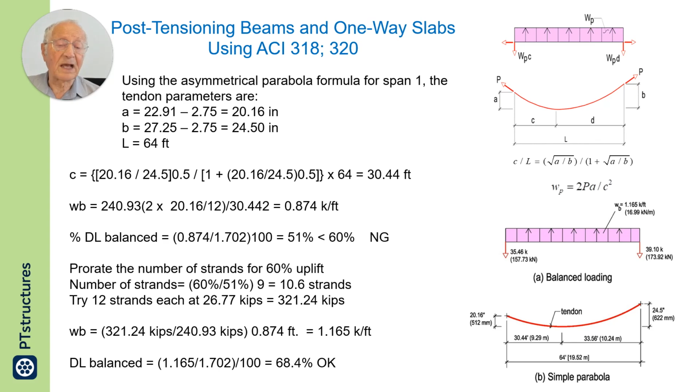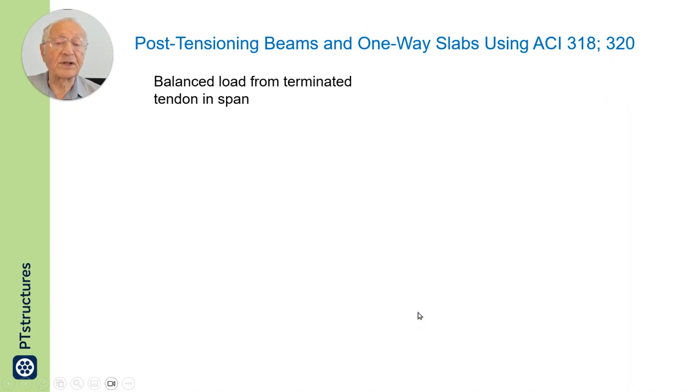It is acceptable. I targeted 60, now I have 68%. It is not always possible to get the exact percentage that you wish. That's also not very critical, the exact number.